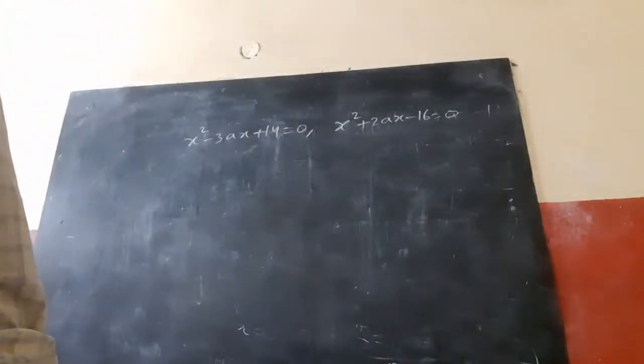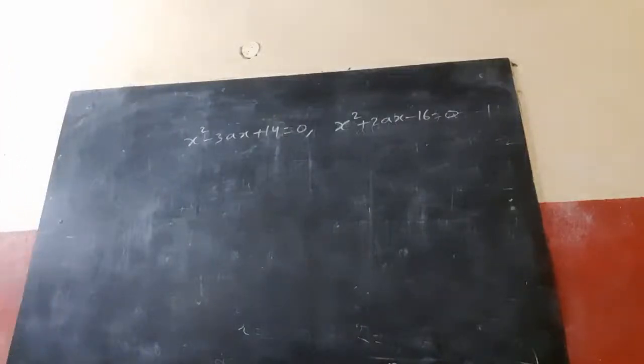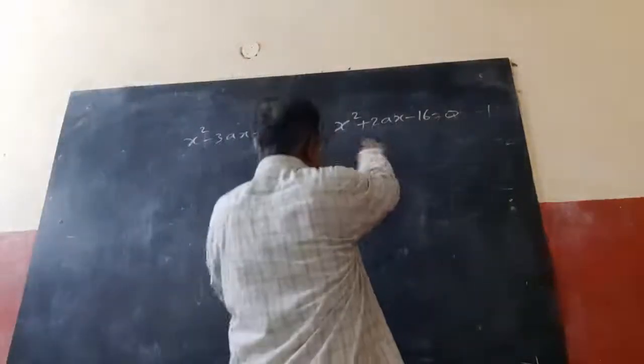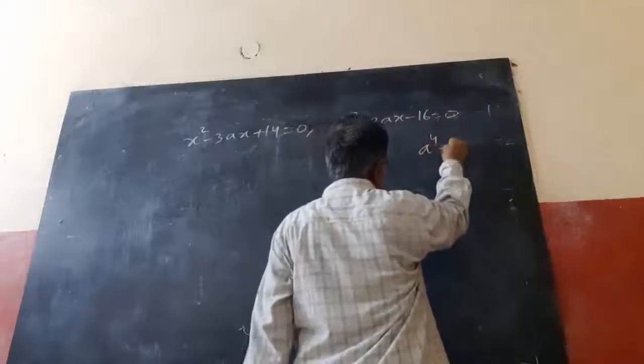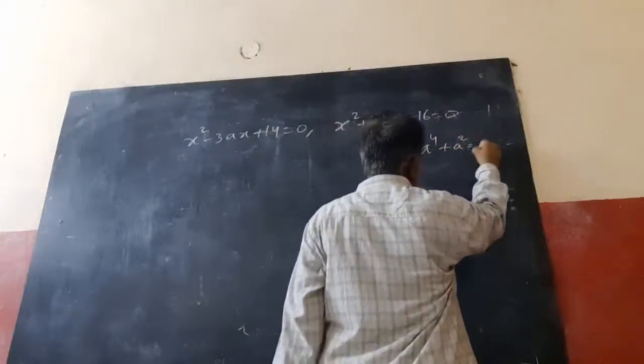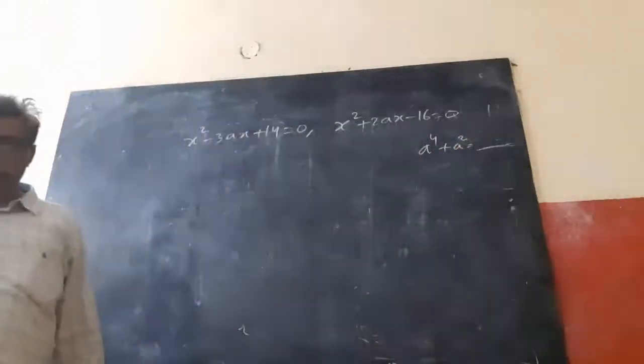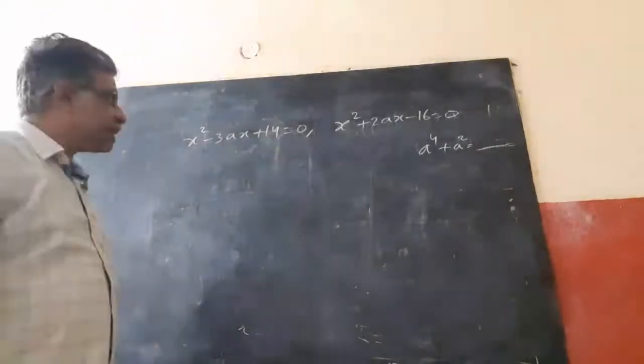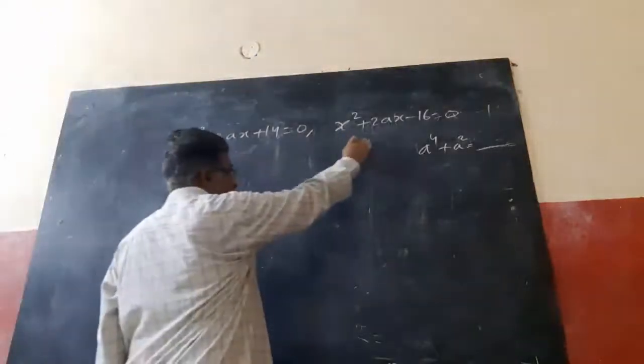This is a 2018 question. These two equations have a common root. Then a power 4 plus a square equal to dash. He said that these two are having a common root.